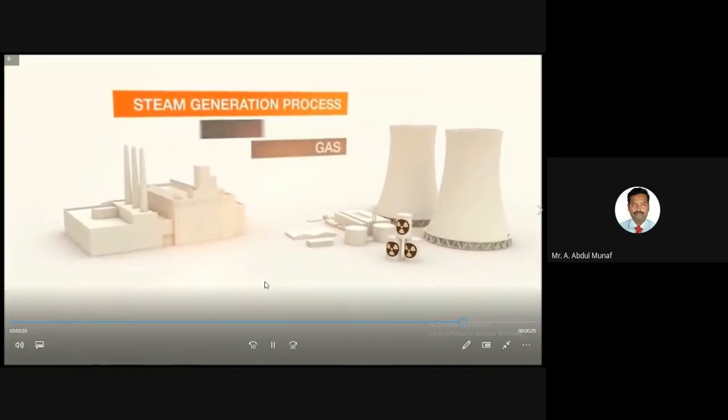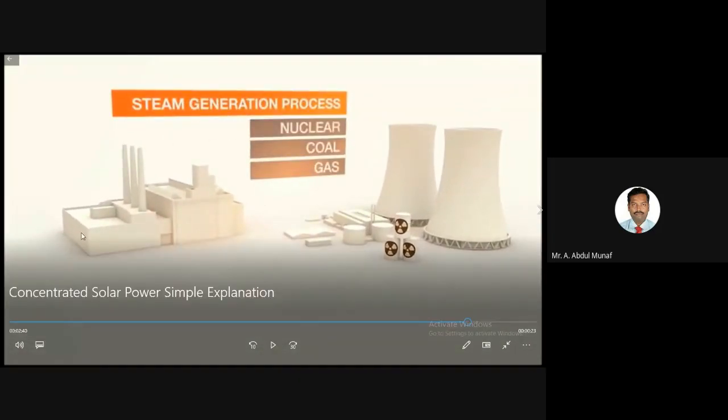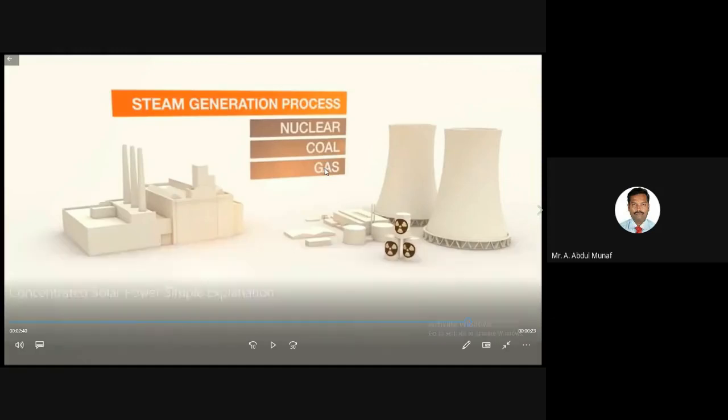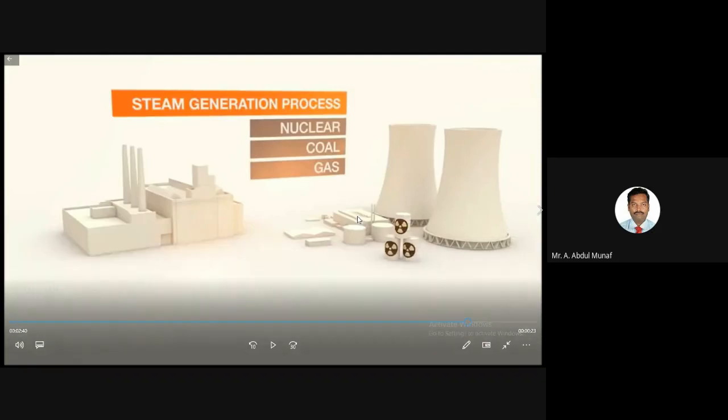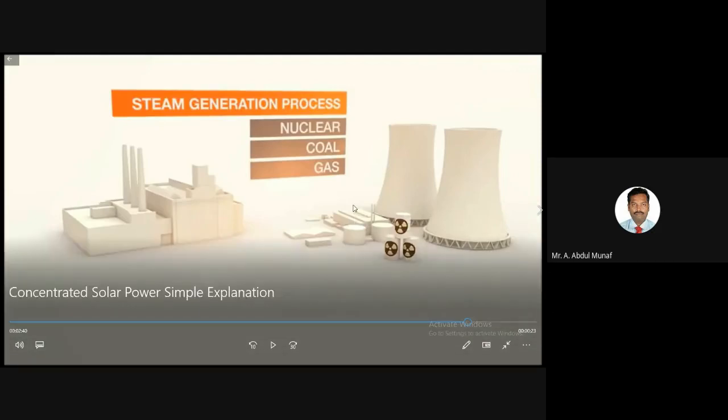Look here, we can produce electricity with the help of nuclear, coal and gas power plants. But these are non-renewable energy sources, and they will cause pollution to the atmosphere. But with solar energy, we are taking the electricity, which is renewable energy.